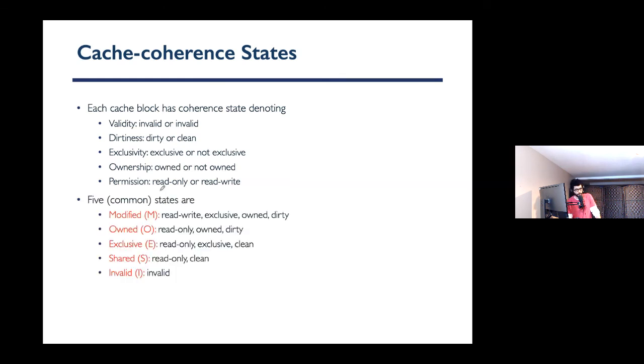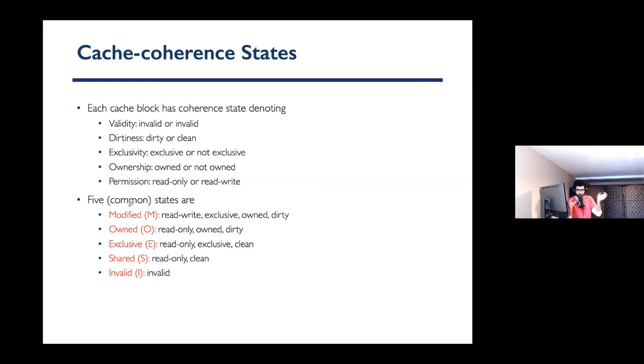Now, in essence, this boils down to defining 5 common states, again, for each CPU and each location.